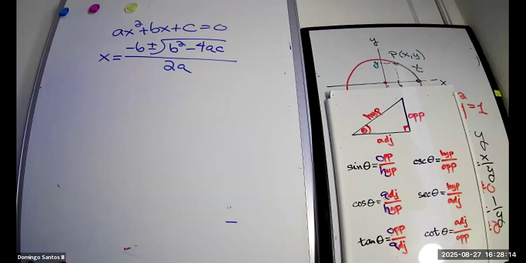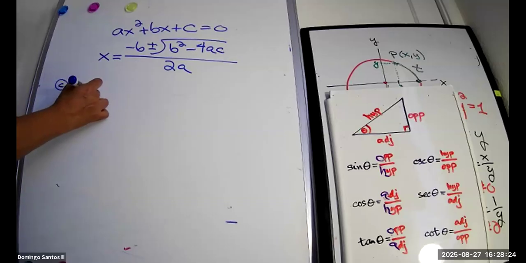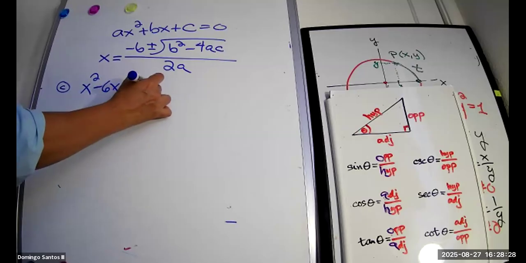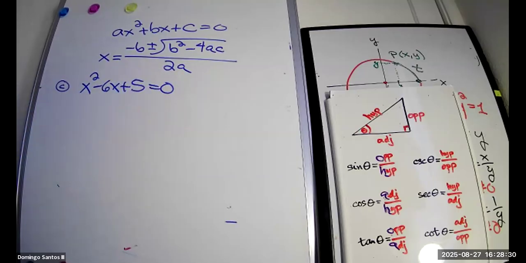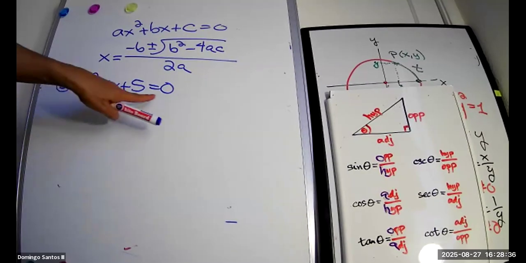For example, let's do letter C. x squared minus 6x plus 5. Can you do this for me, Jaskaran? In class, can you try this?